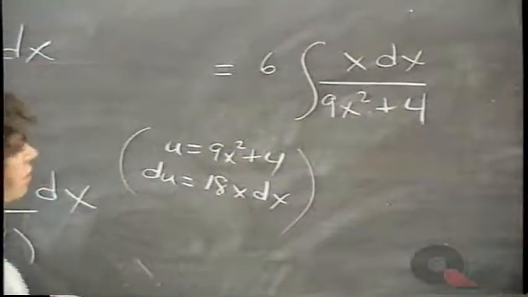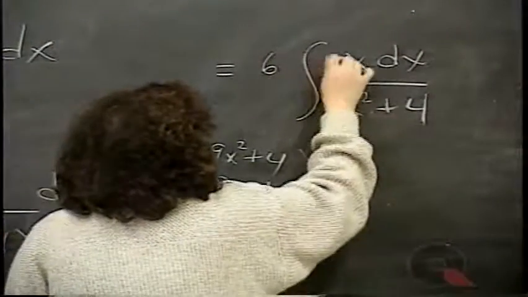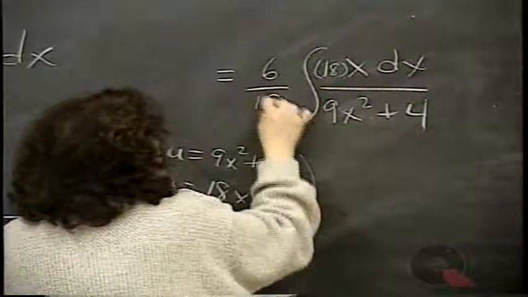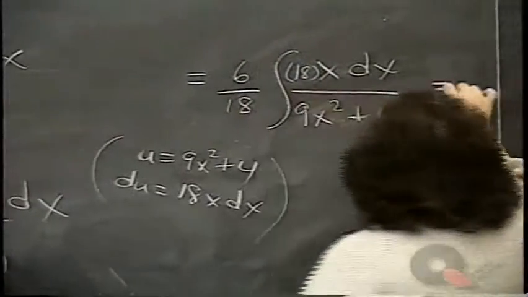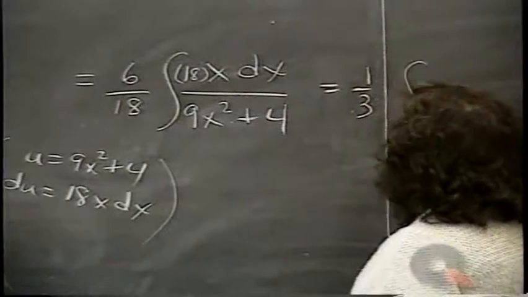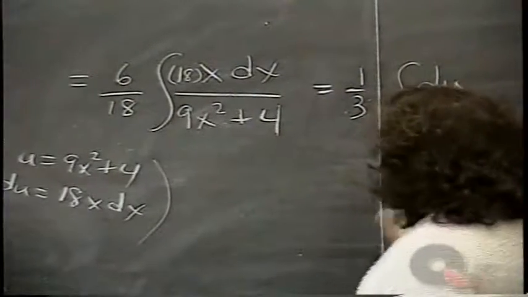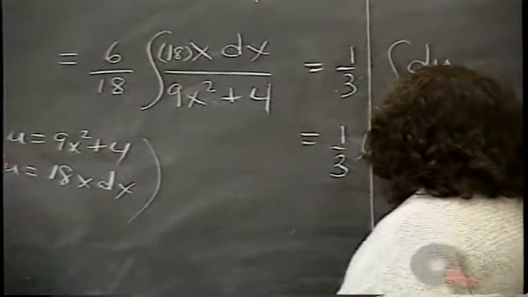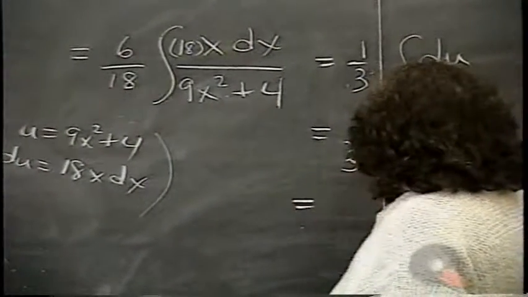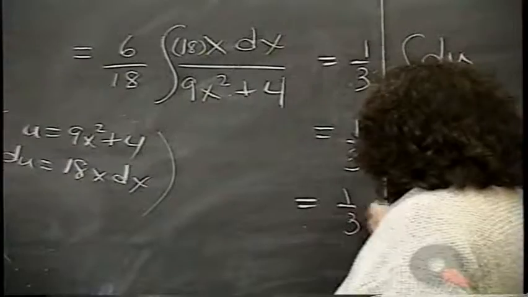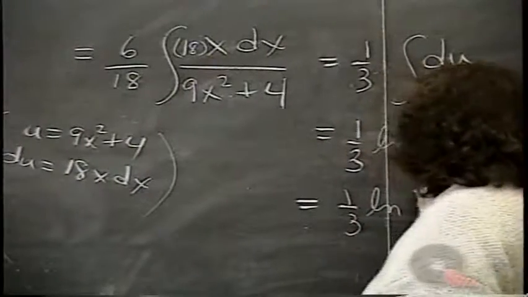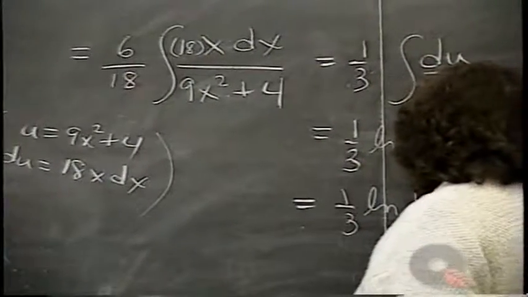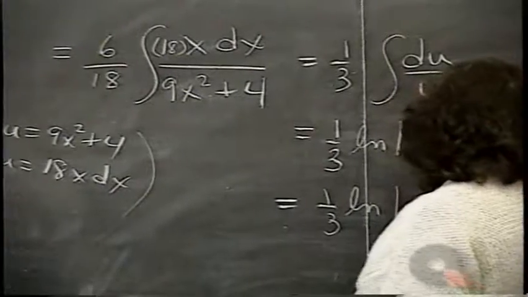So if you were to multiply by 18 on the top here and divide by 18 in front, this becomes 1/3 the integral of du over u, or 1/3 natural log of the absolute value of u plus c, or 1/3 the natural log of the absolute value of 9x squared plus 4 plus c.